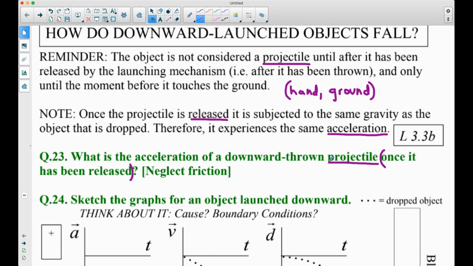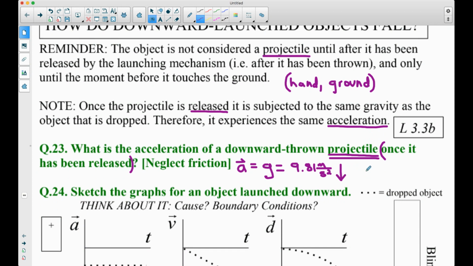As soon as we say the word projectile, we know that as long as we're near Earth, the acceleration is a very special acceleration that we call a g. And it is, of course, 9.81 meters per second squared downward toward Earth's center. Sometimes people call that negative, sometimes not. But either way, it's down toward Earth's center.